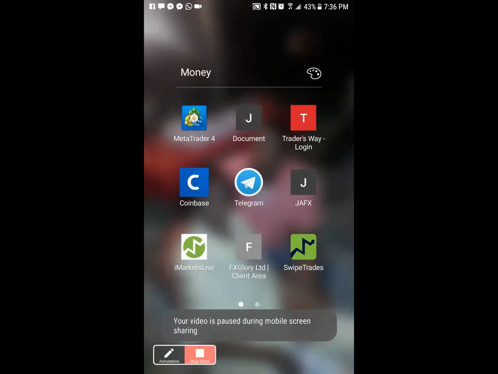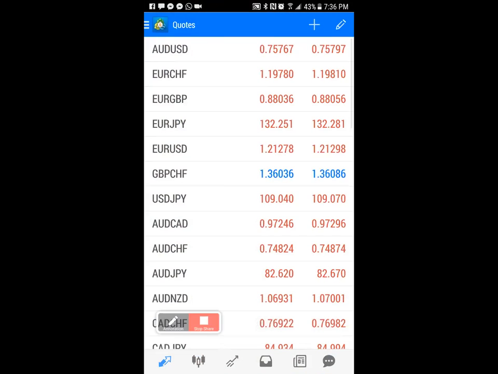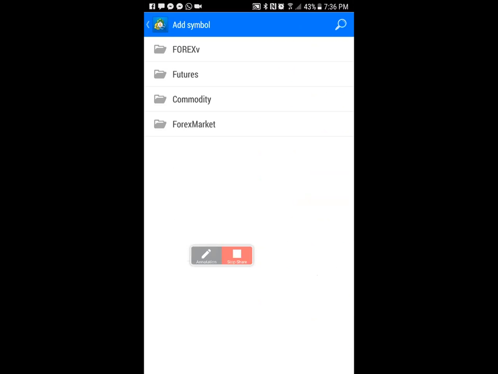What you do is you come over to the first button to the left, at the bottom left. You see the arrows going in opposite directions. Press that button, and then to the top right you see a plus sign. Everybody see that? Go to the plus sign. It depends on which phone you have.